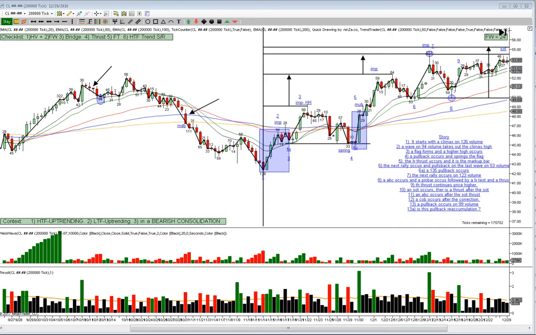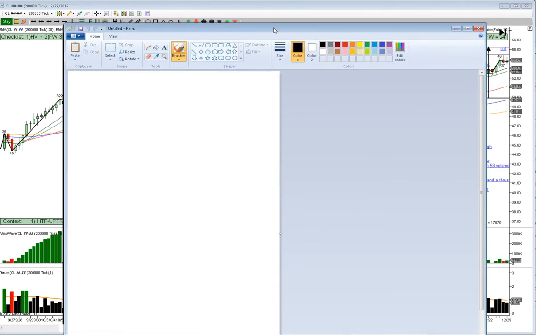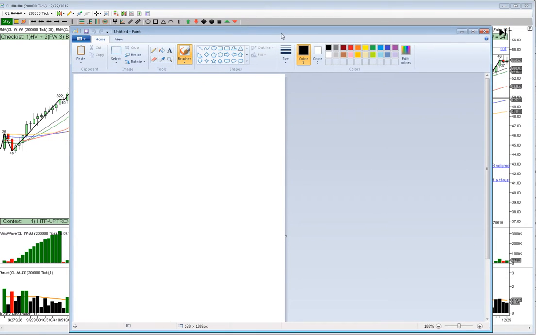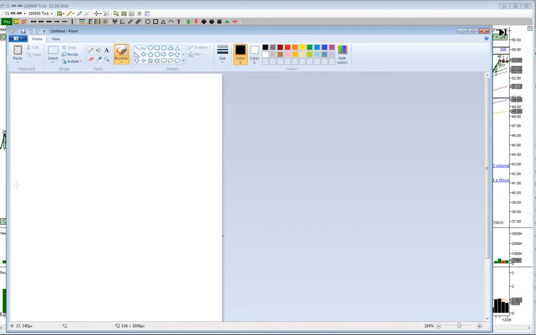I'm going to draw a little diagram. The most important chart in trading, in my point of view, the most important chart in trading is this. This here, you have accumulation.